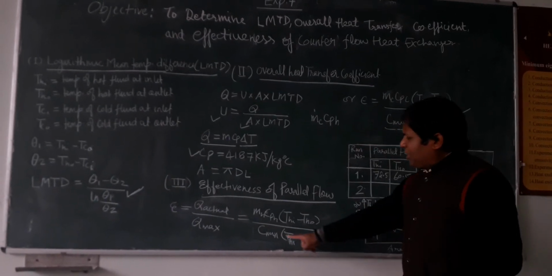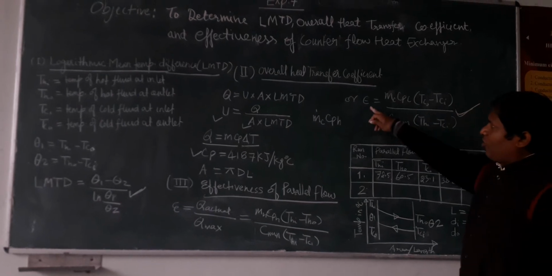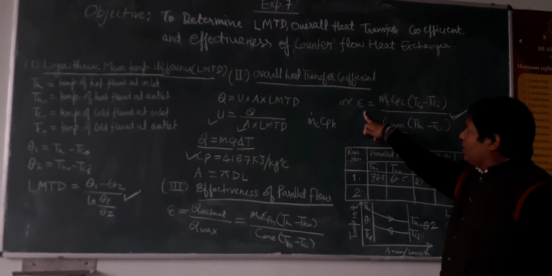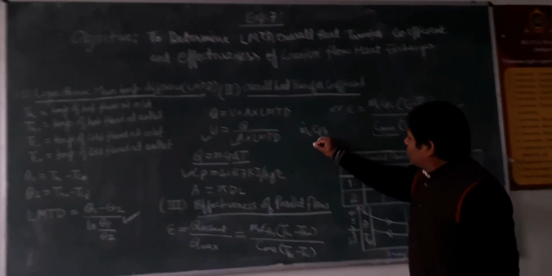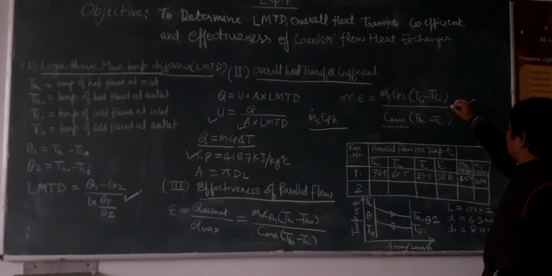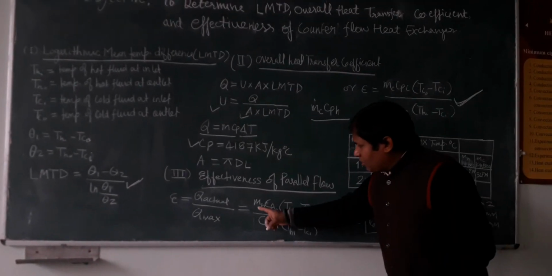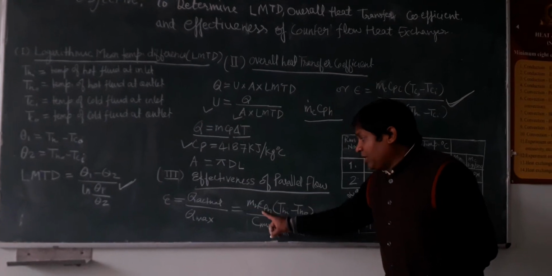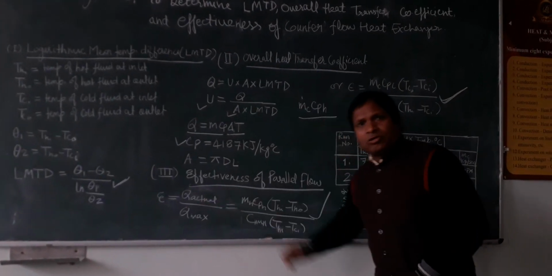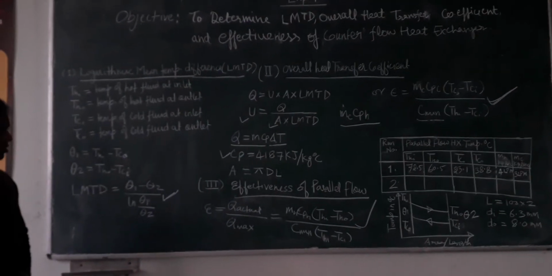Whichever is minimum, we will use that formula for the effectiveness of counter flow. If you got the cold fluid capacity rate minimum, then you will use this formula. If you got the capacity rate of hot fluid minimum, then you have to use this formula for the effectiveness of the heat exchanger. Okay, that's all. Thank you.